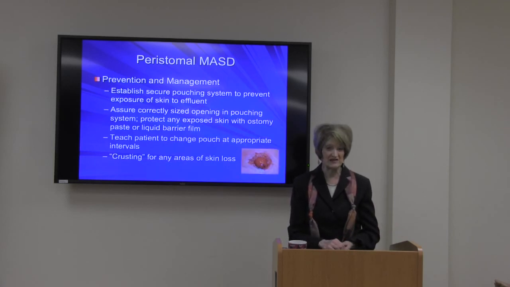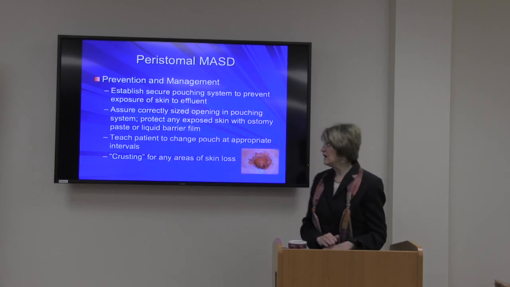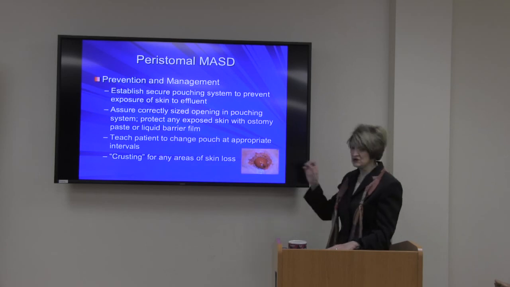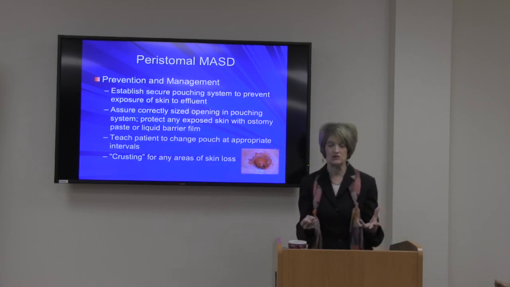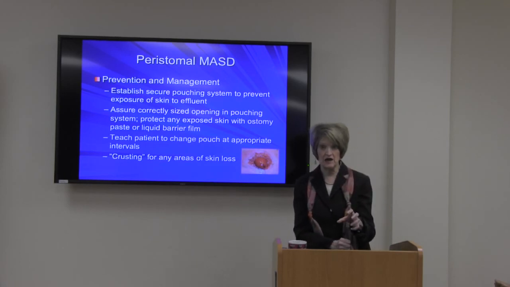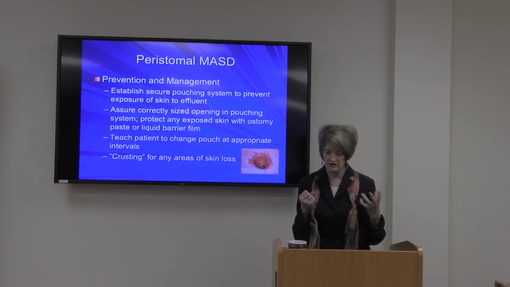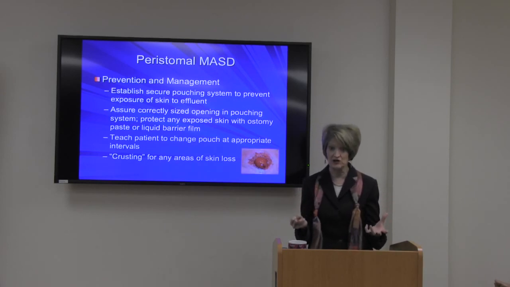How do we prevent? How do we manage peristomal MASD? The pouching system is your number one protection, because what does the pouching system do? It should protect the peri-wound skin and effectively contain the urine or the stool. So if I have a patient with a problem, I have to go back and look at the pouching system.